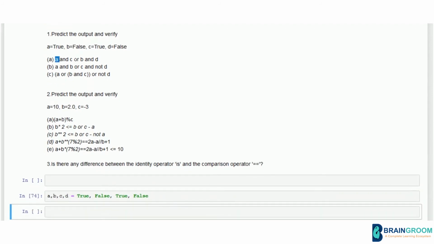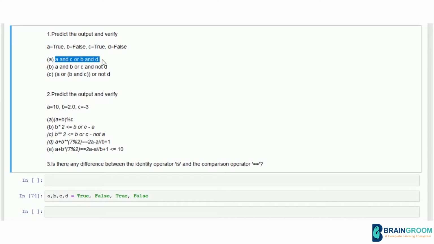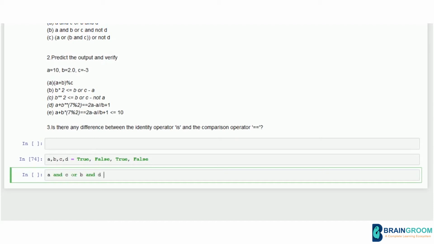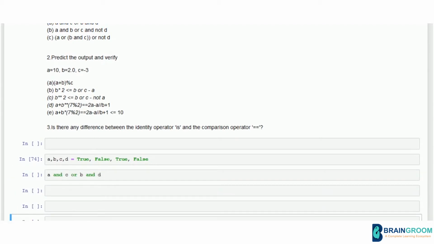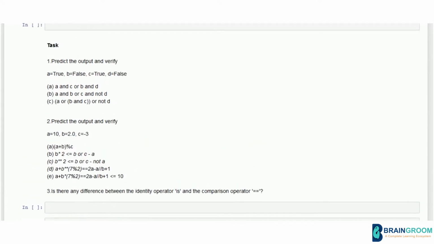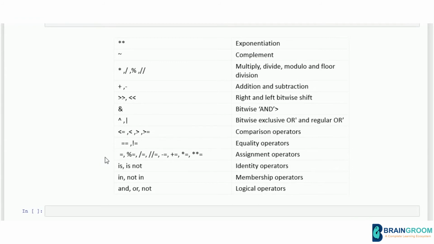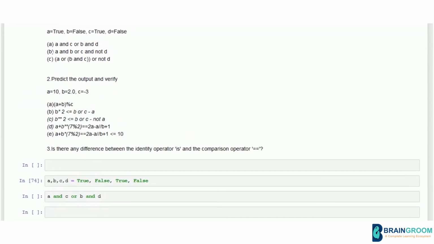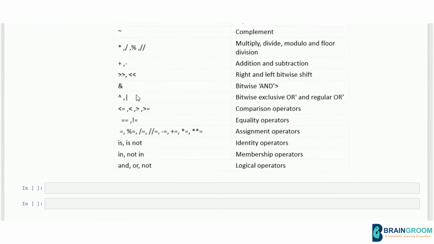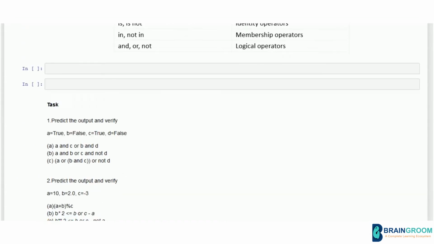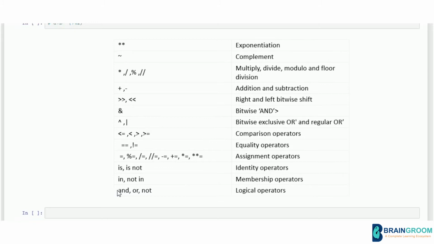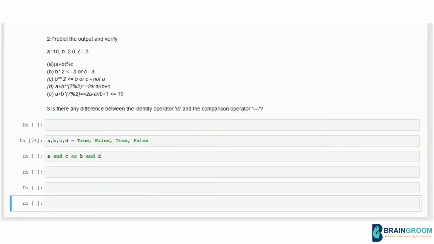Now let us take the first case, which is A and C or B and D. If we go back to operator precedence, as I said, first anything within brackets is evaluated. Since we don't have any brackets in this case, it is fine. We are only using AND and OR operators, so we are only going through logical operators. In that, first AND is executed followed by OR, and then NOT is executed at the last. So first AND is executed, right?